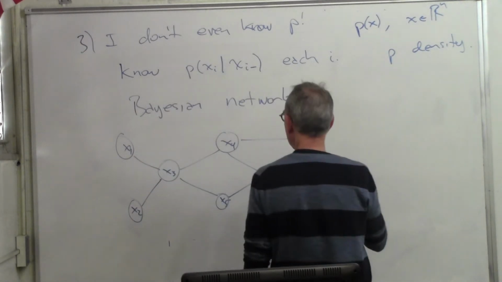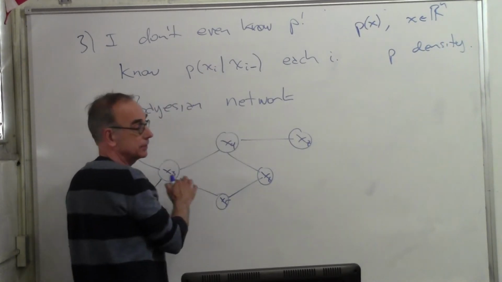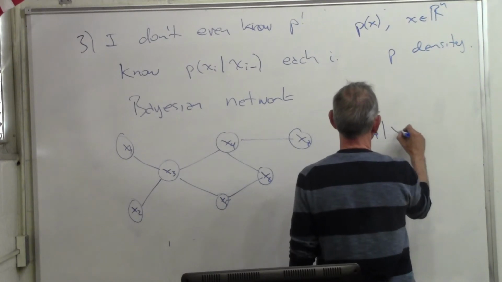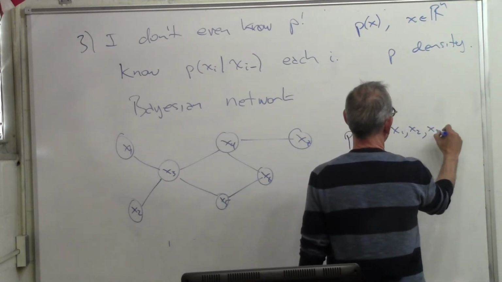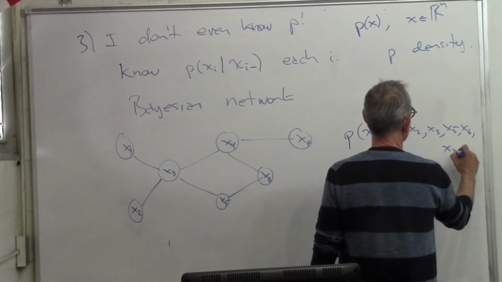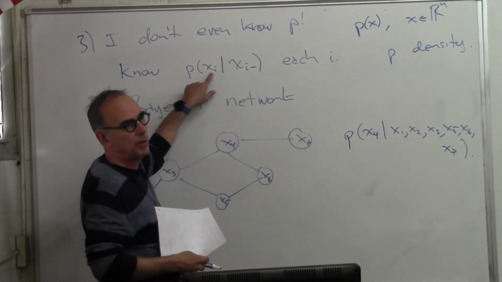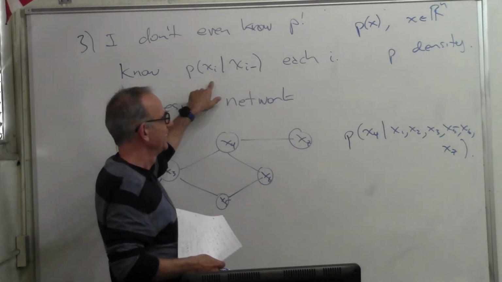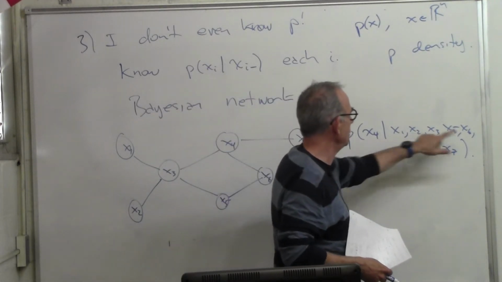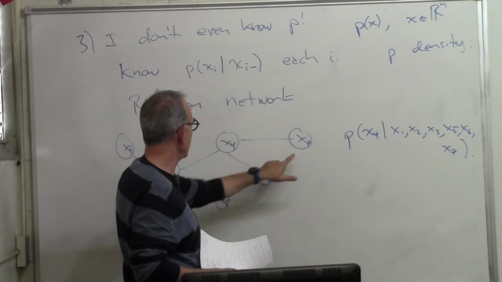So basically, the distribution of, say, x4 given everybody else. When I write the probability of x_i, density or discrete doesn't matter, given everybody but myself. If we take the case of the fourth variable here, the probability of x4 given everybody except 4, the graph represents that it only depends on 7, 6, and 3.